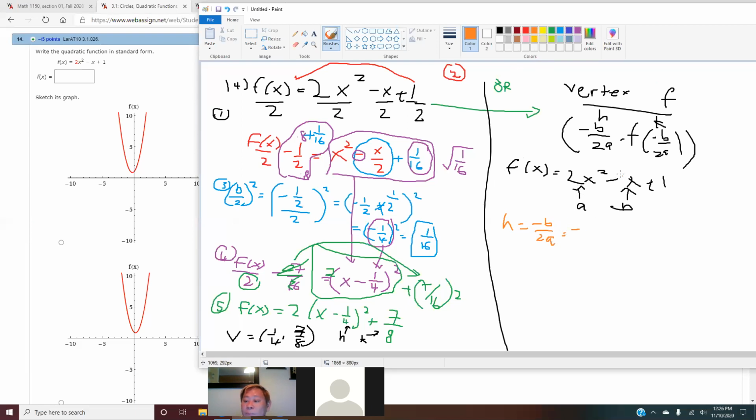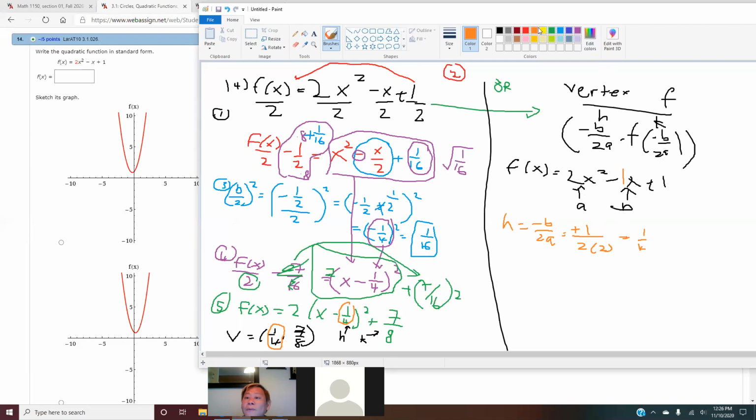So negative b is negative 1 times negative, so this becomes positive 1. 2 times a is 2, a is 2 here. So this is 1/4. And guess what? That's our h. That's how we figure this one out. Very easy. See the work that I'm doing?